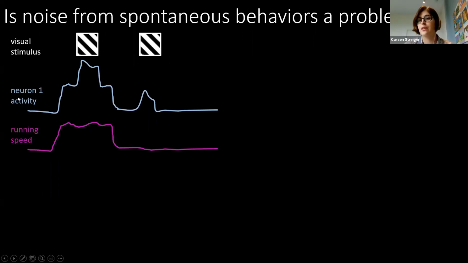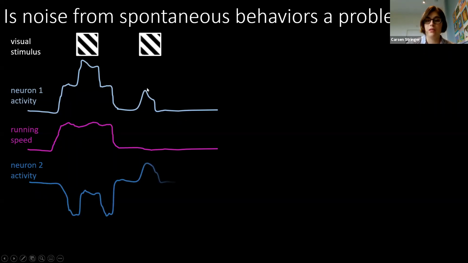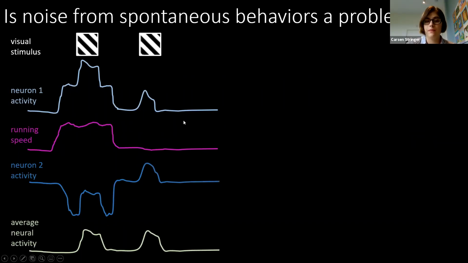But we have many neurons in our recording. The mouse brain has many neurons it can use for figuring out the stimulus. So let's say we have another neuron which is anti-correlated with running, so it goes down and then goes up when the stimulus comes in. If we average these two neurons' activity, we get something that has a similar response to both of these stimuli.